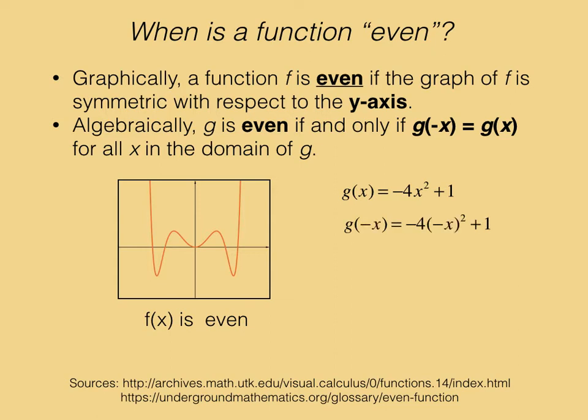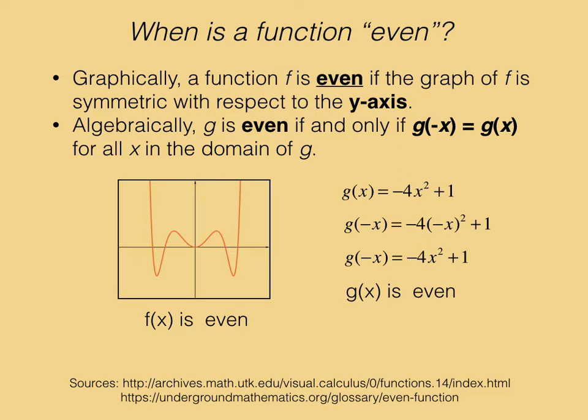Now we'll simplify. Negative x, quantity squared, is equal to x squared, which when multiplied by the negative 4 equals negative 4x squared plus 1. Since our result is exactly the same as what we started with, we can say that g is even.